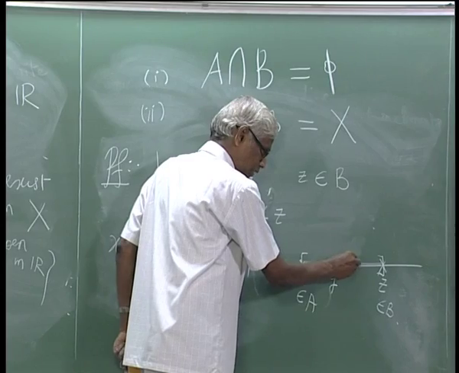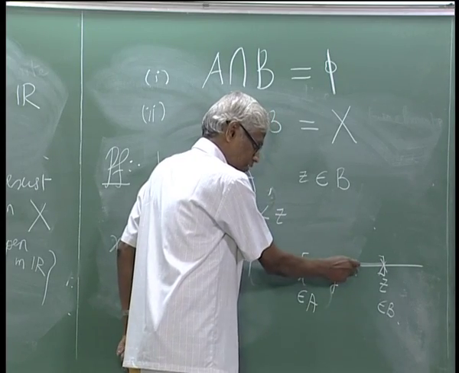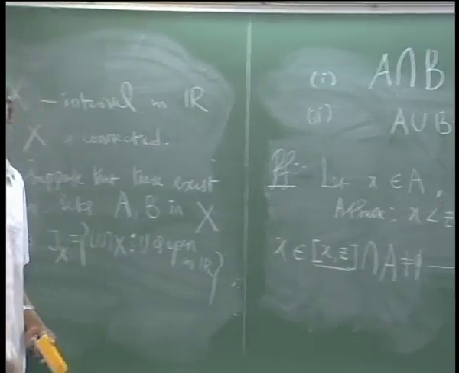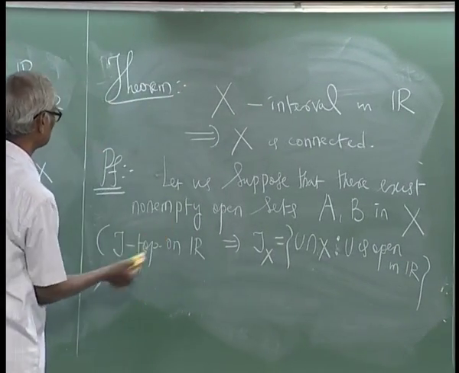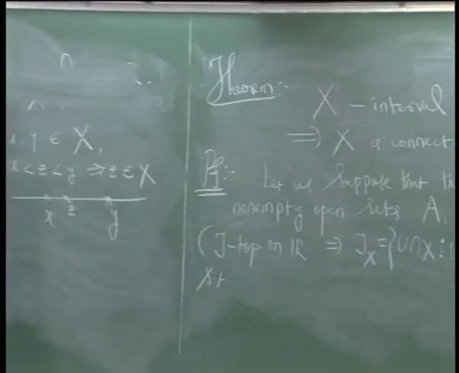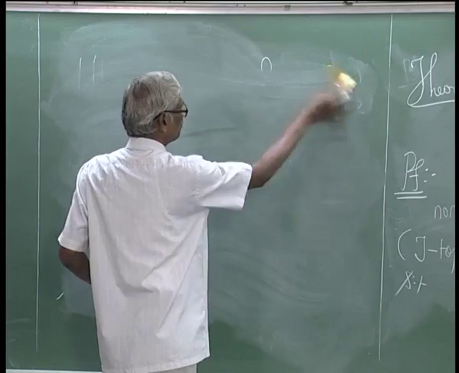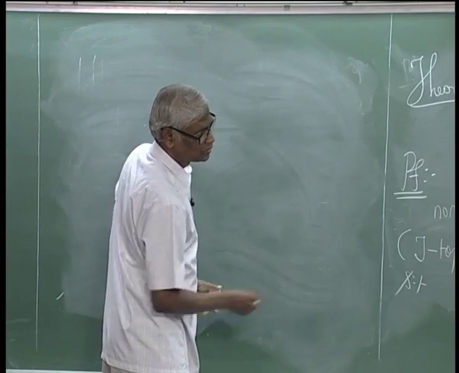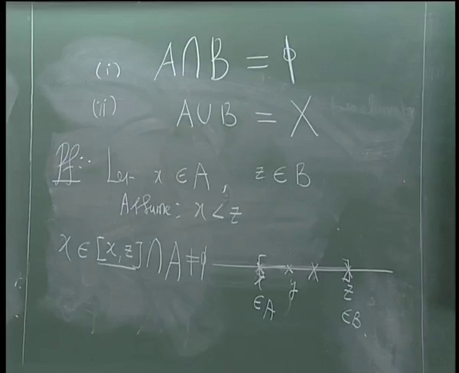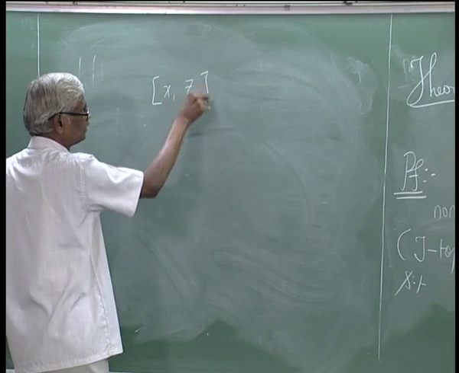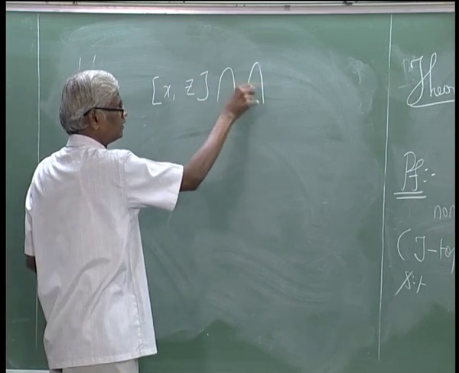We will go to the stage beyond which all the elements are from B. To reach that, we take the least upper bound of the set, the closed interval x comma z intersection A.